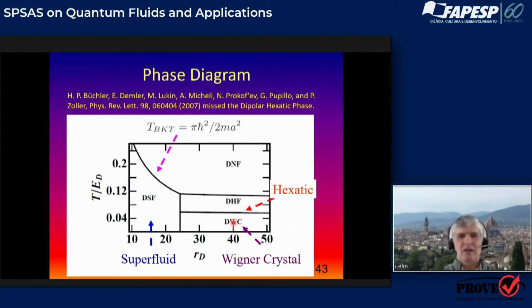So we investigated that problem, but first we investigated what happens to this dipolar Wigner crystal. We found out that those authors missed the melting transition between the Wigner crystal and what I call a dipolar hexatic fluid, a fluid phase which has lost translational symmetry but has rotational symmetry.